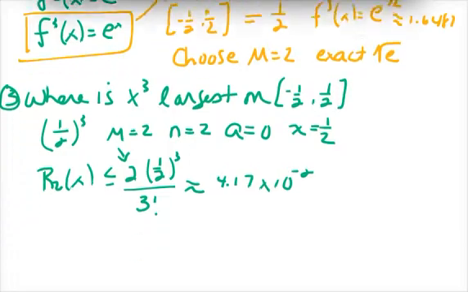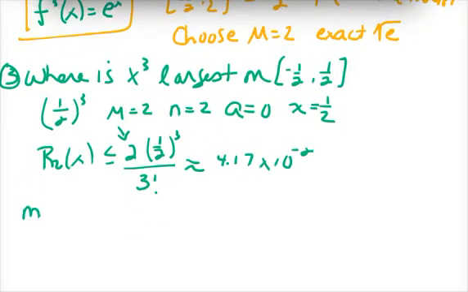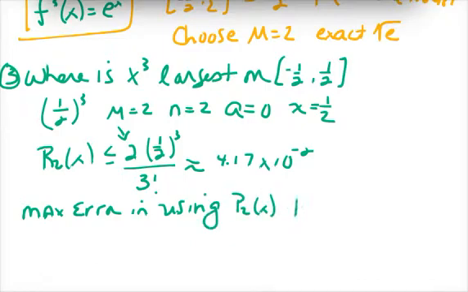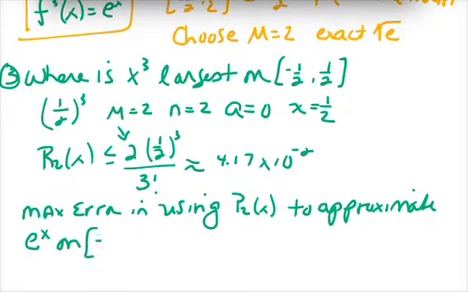So therefore the maximum error in using the second order Taylor polynomial, P2 of x, to approximate e to the x on negative 1/2, 1/2 is 4.17 times 10 to the negative 2.